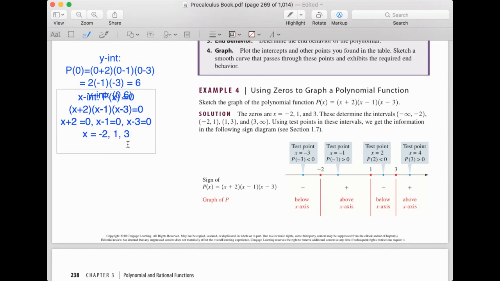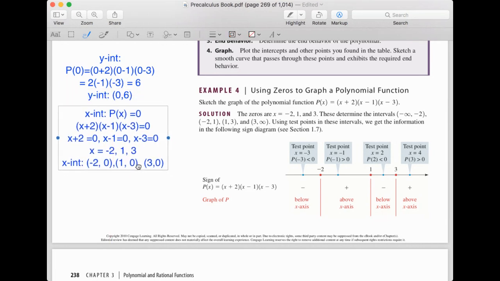So I have 3 x-intercepts: negative 2, 0; 1, 0; and 3, 0. Now let's see, what's the degree of this polynomial?